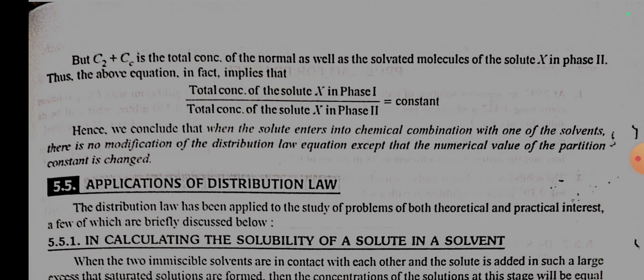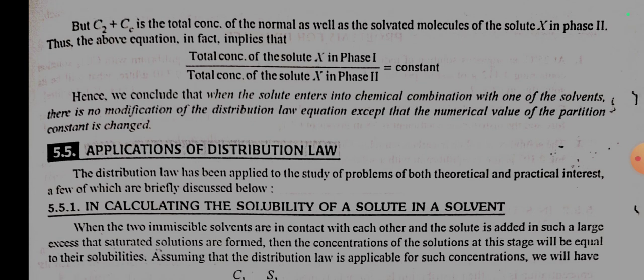Thus, the above equation in fact implies that the total concentration of solute X in phase 1 upon the total concentration of solute X in phase 2 is equal to a constant. Hence, we conclude that when the solute enters into chemical combination with one of the solvents, there is no modification of the distribution law equation except that the numerical value of the partition constant is changed.